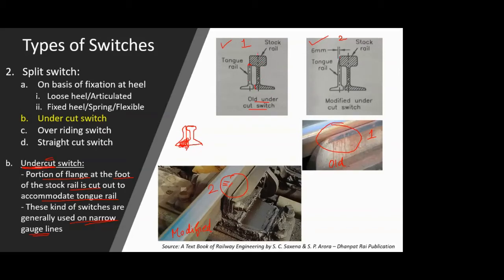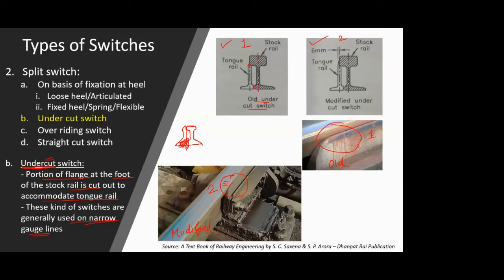As you can see, if I highlight the vertical axis of this stock rail, I am disturbing the symmetry by cutting the foot at only one end. First, I am disturbing symmetry. Second, I am removing some material from the stock rail. So in this process, I am reducing the strength of the stock rail.